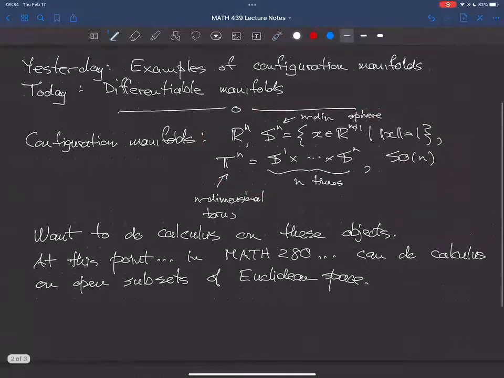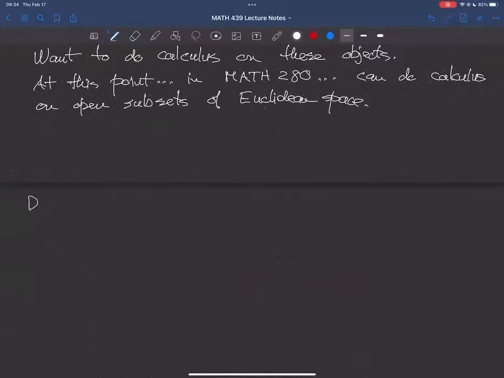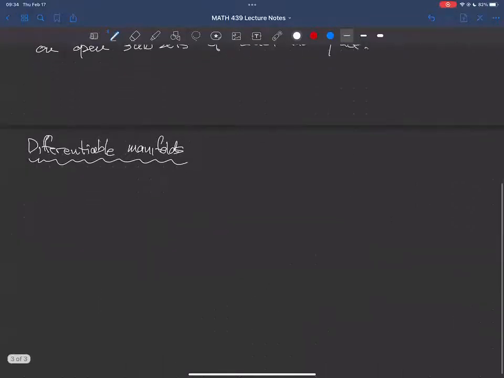Okay, and the concept for doing that is what's known as a differentiable manifold. So we'll spend some time quickly blasting through the definition of what a differentiable manifold is, so that we have some tools at hand to talk about these things.